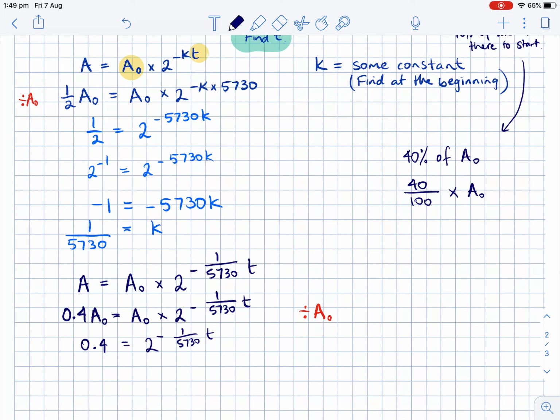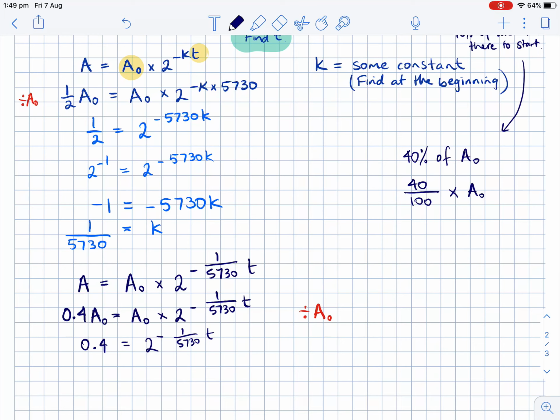Okay, 0.4. Now, we need to somehow manipulate that expression. I'm not sure how I'm going to do that initially. I've got to work out what I might do.